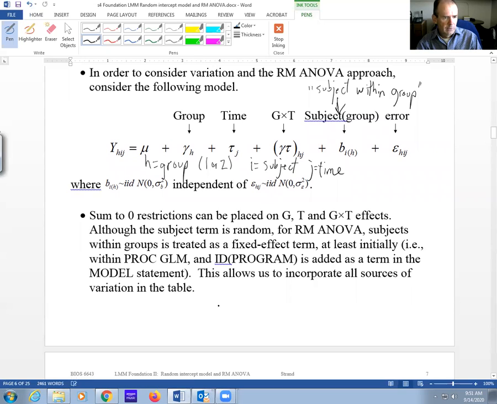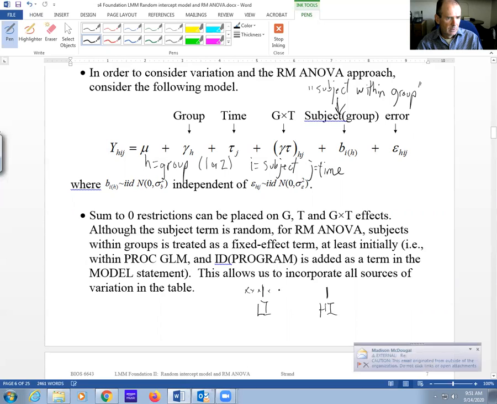Well, you can think of a mean effect for group. Let's say that we have our lower intensity mean there and our higher intensity mean here. Subjects in our lower intensity group are going to be about that point, and subjects in our higher intensity group are going to be around this point here.